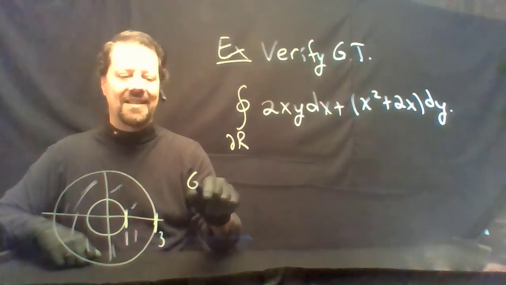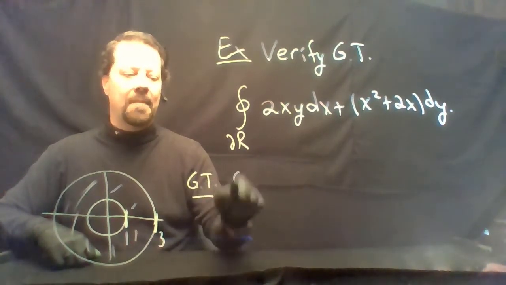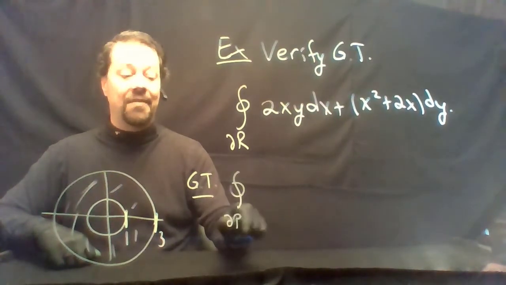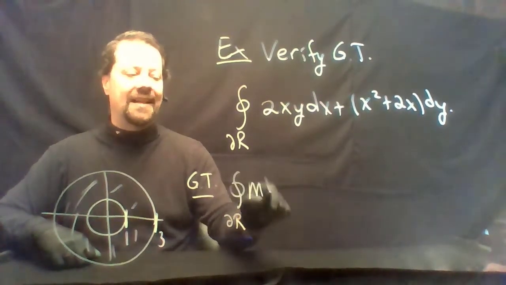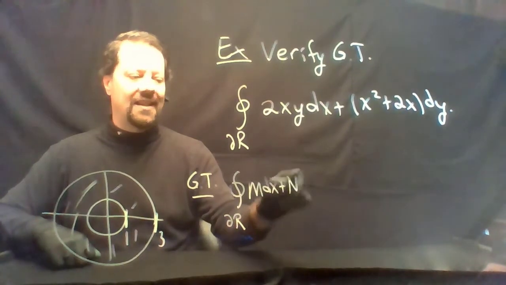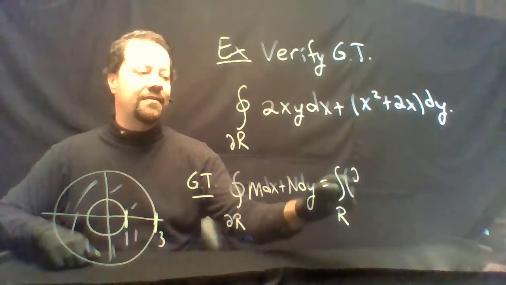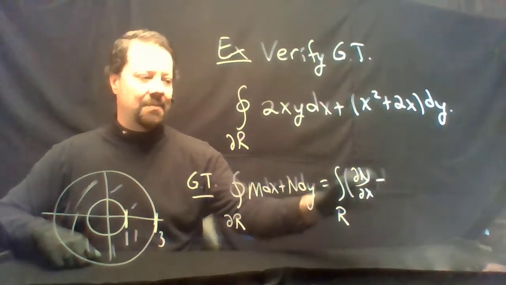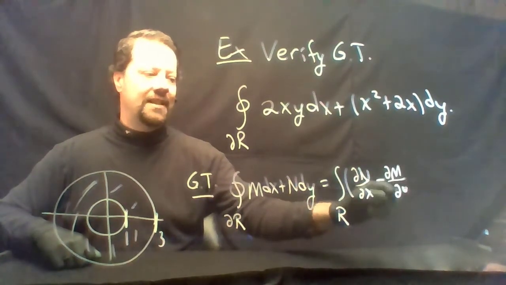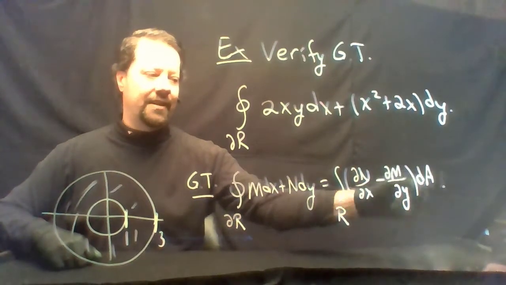We'll always start by stating Green's theorem. The integral about the boundary of the region of M dx plus N dy is the integral around the region of dN/dx minus dM/dy, all times the element of area, dA.